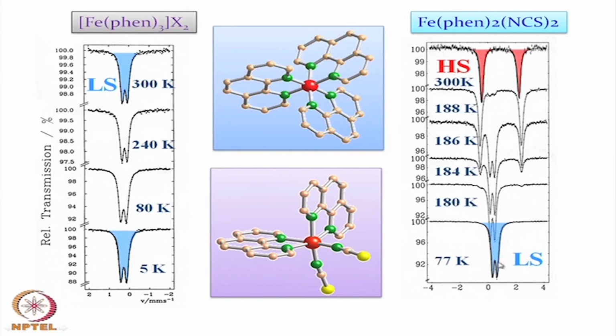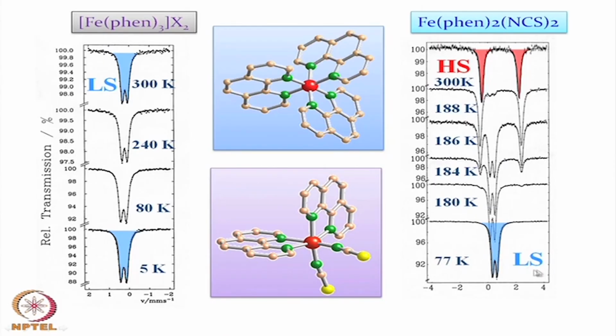When we have exclusively the low spin situation, we have the splitting like this, but as we move up, we go for further splitting and the signatures for the high spin also come. That means at this temperature range, we have both high spin as well as low spin molecules.